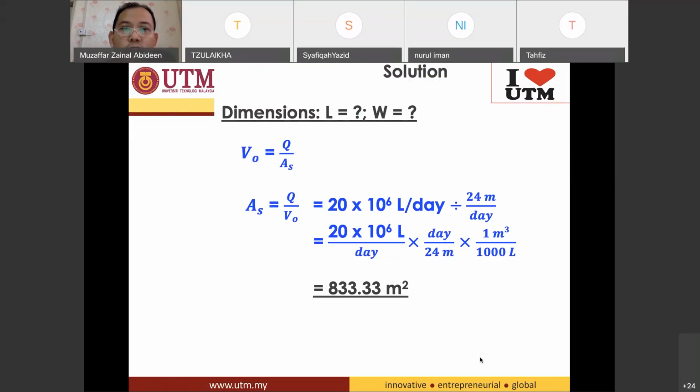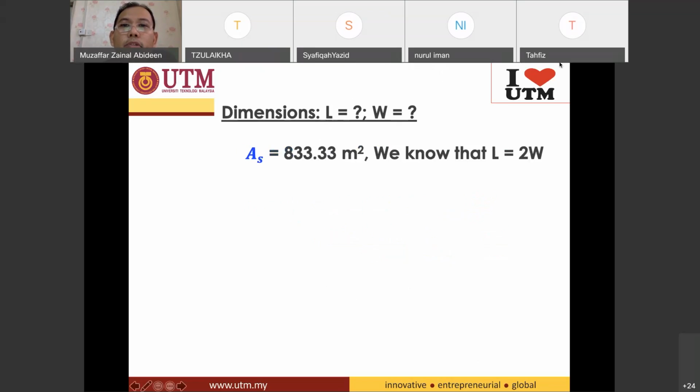We have not finished because we need to find the length and the width. AS is length times width. AS is 833.33 meters squared, and we know that L is equal to 2W.